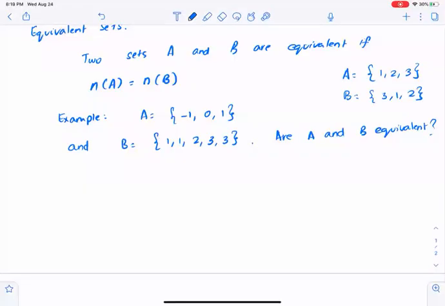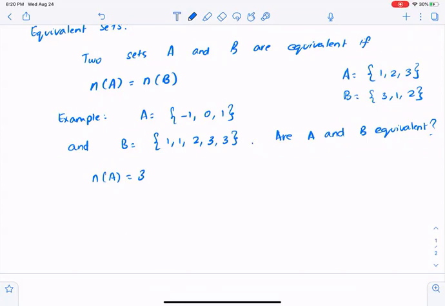So if the cardinality of set A is equal to the cardinality of set B, then the sets are equivalent. Well, what is the cardinality of A? The cardinality of A is 3.